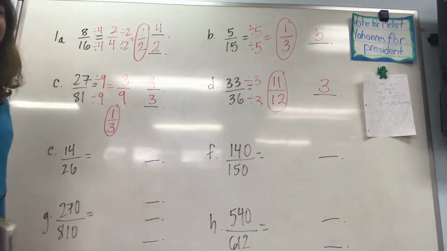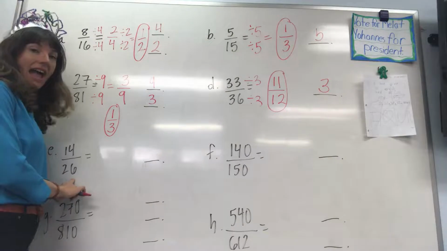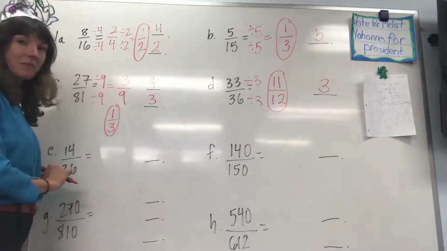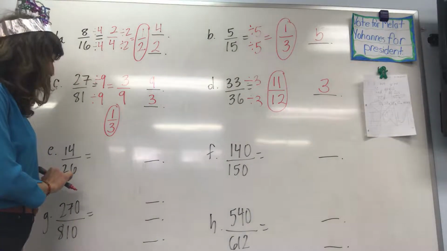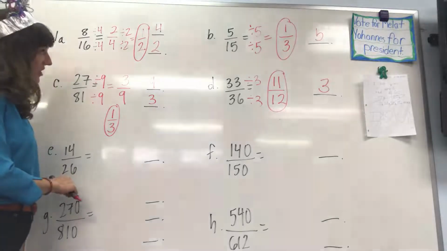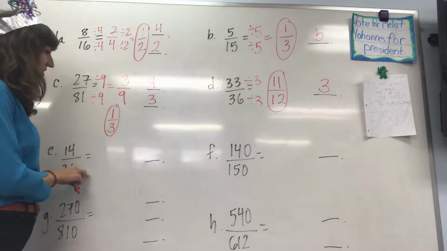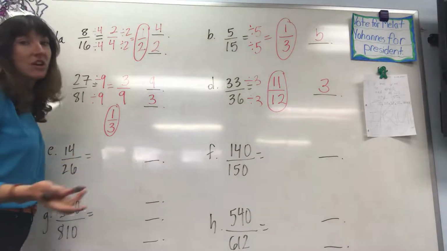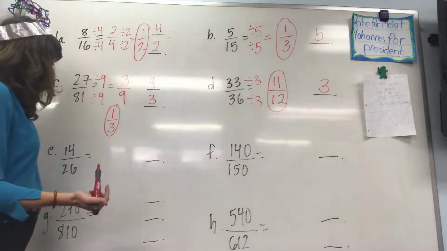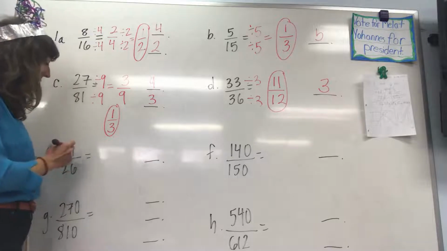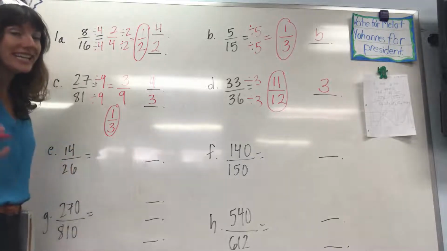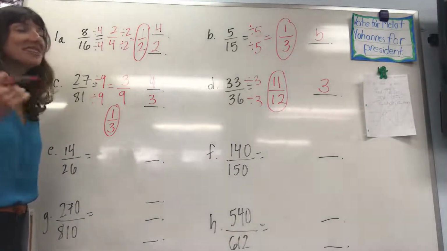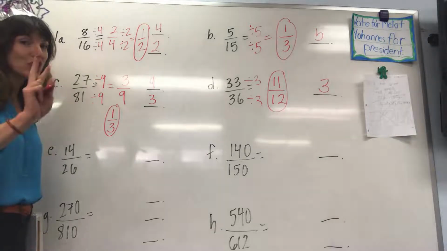14 and 26. Can you divide them by 5? No. Can you divide them by 10? No. Can you divide them by 4? No. How about 3? 1 plus 4 is 5. No. And therefore you can't also divide it by 9. So looks like the top number and the bottom number are even, and every single even number can be divisible by 2.